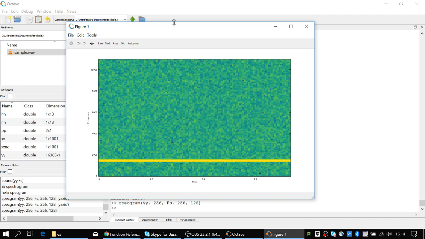Okay, so now we have analyzed the spectrogram, and now how about if I just want a certain time section here? Also a certain point here, I want one single spectrum on the middle of this data.